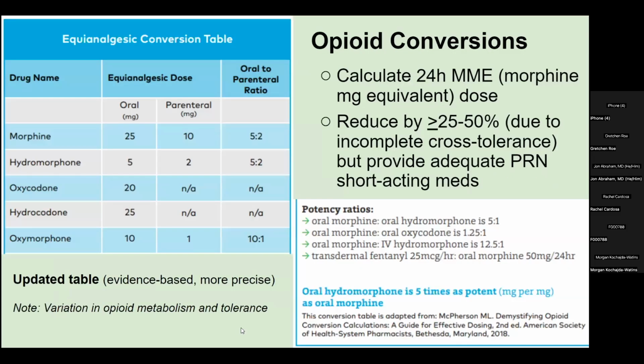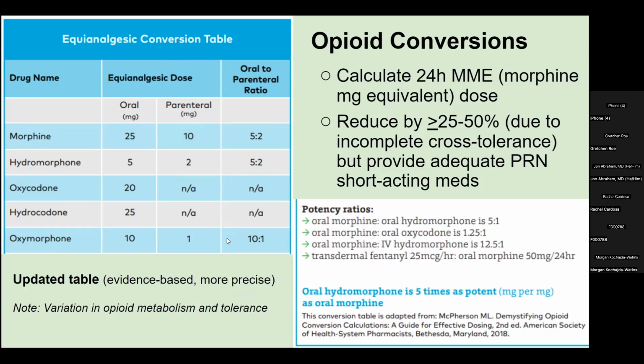So Dr. McPherson, a few years ago, came out with this table, which is modified and updated because there's been research that has really looked at the conversion ratios. And what she found is that morphine is between oral and IV about a 5-to-2.